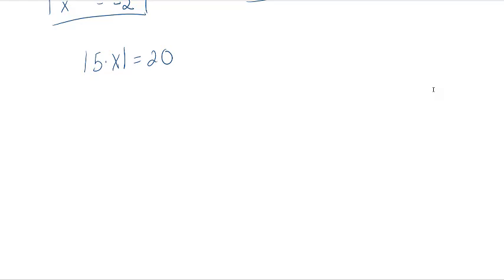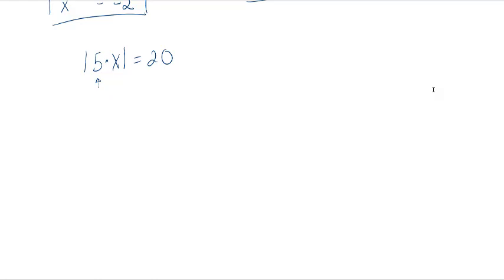Okay, and the property here is that we have a coefficient. So this is actually even simpler than the previous examples, but it's worth looking at just to remind ourselves about other properties of the absolute value. So in this case, we're looking at 5 times x equals 20.